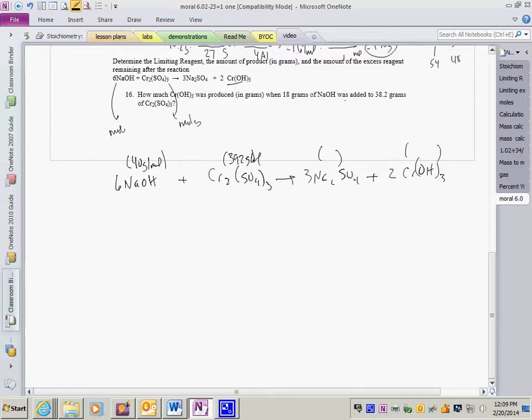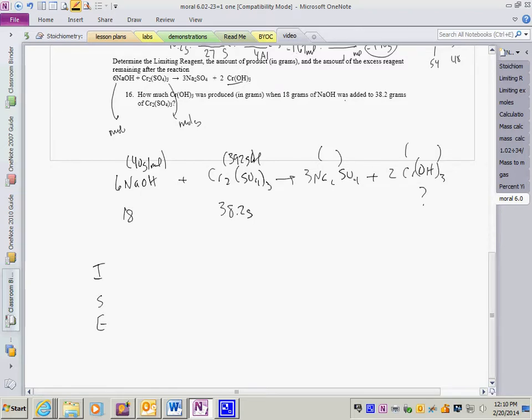It says how much chromium hydroxide was produced in grams when 18 grams of NaOH is added to 38.2 grams of this. So they want to find out this. Very first thing I want to do is get these things in moles.